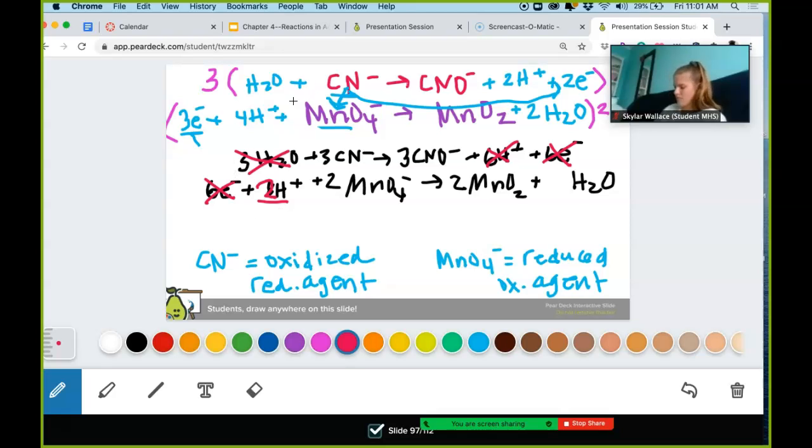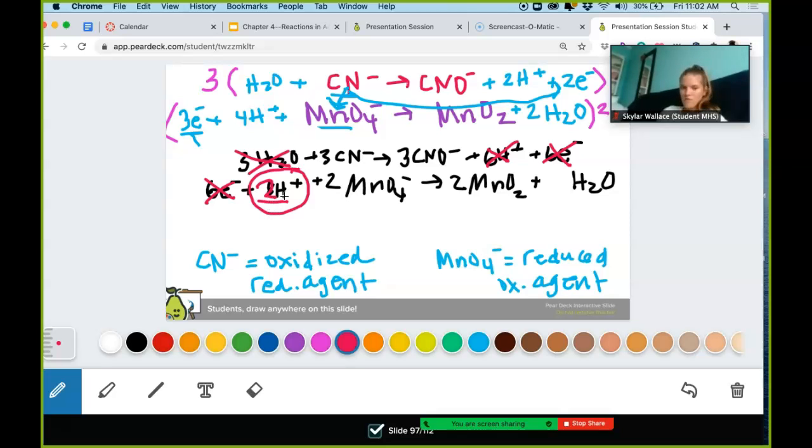So you do this whole problem just as if it were an acid, and then at the very end, you locate the hydrogen ions. They're right here. However many you have, that is how many hydroxide ions you are going to have. So if this said 10 hydrogen ions, you'd add 10 hydroxide ions.